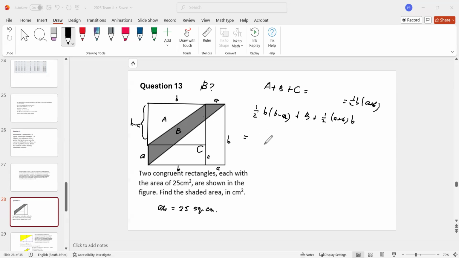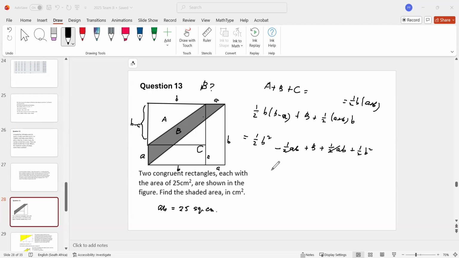Okay, let's expand this. What do you have? You have half B squared plus half B squared here again. Okay, make it minus half AB plus half AB plus half B squared.